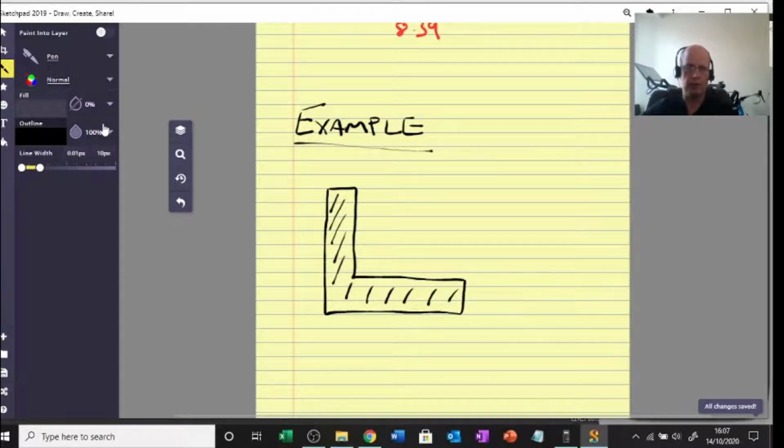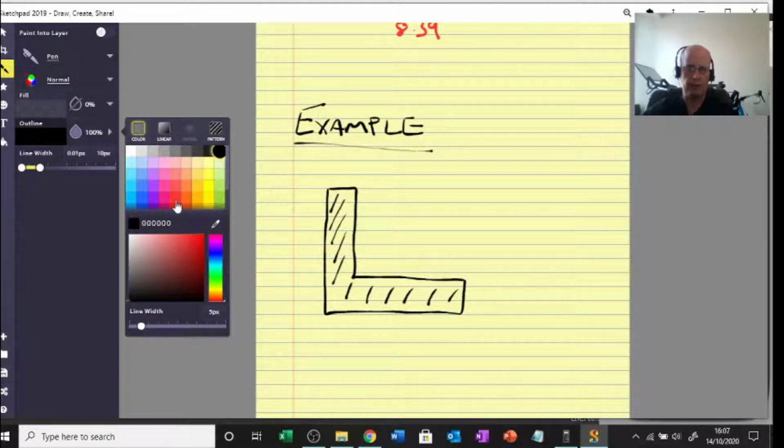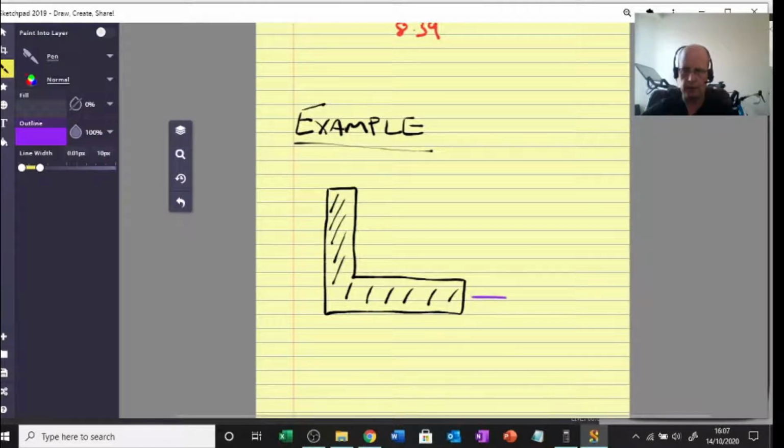What I'm going to do is, because this is all part of it, I'll put a force here. I'll put a force there. So it's been pulled this way by 3 kilonewtons. There's a force pushing down on it there.